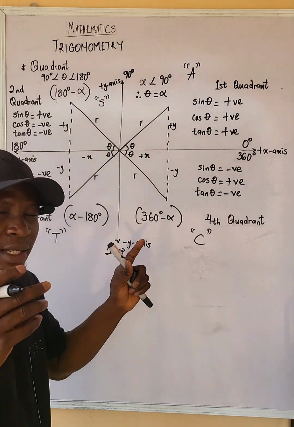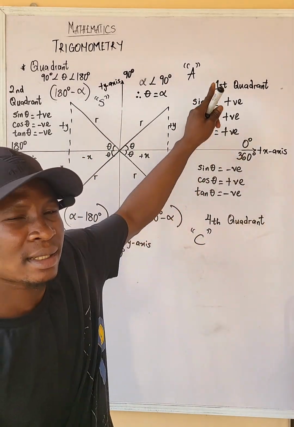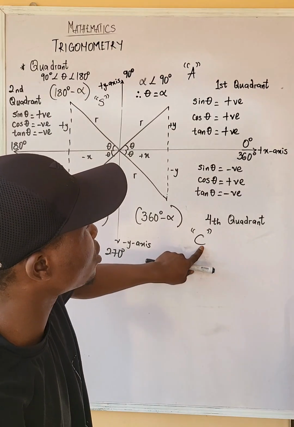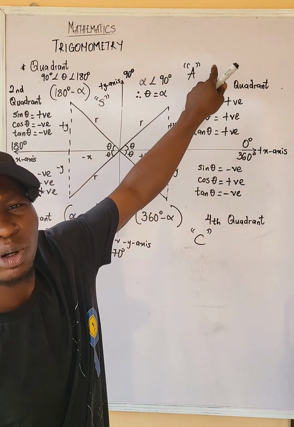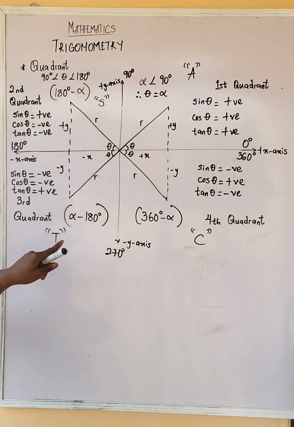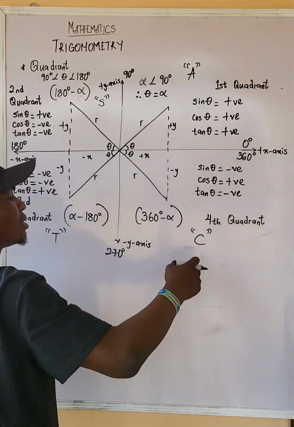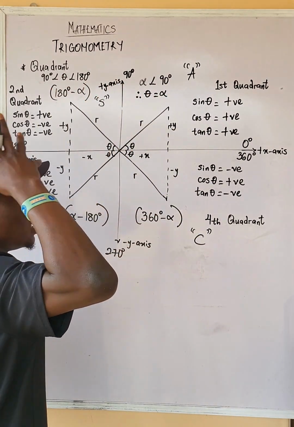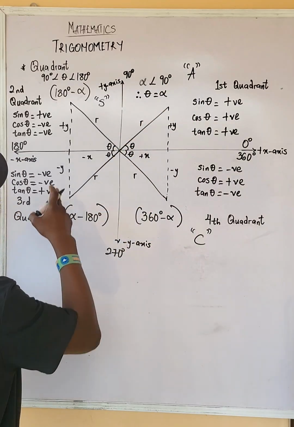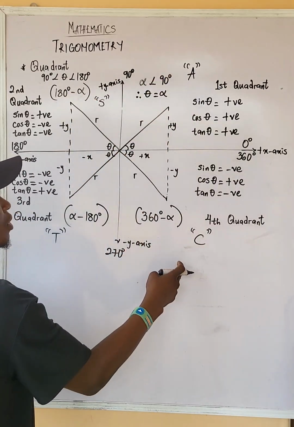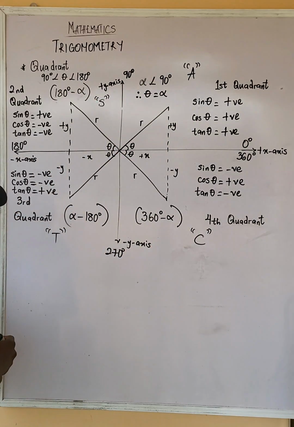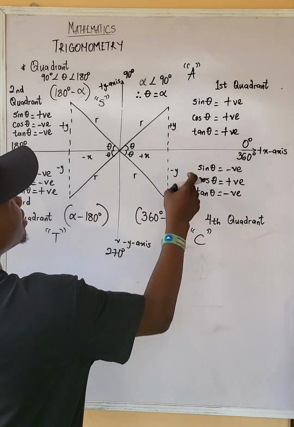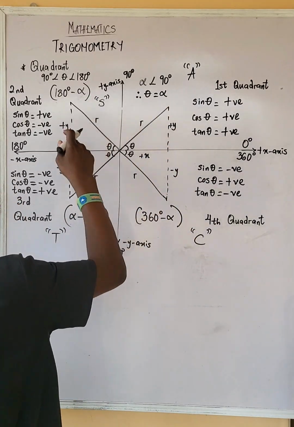Once you put it in your head, from the fourth quadrant, CAST: cos is only positive here, all are positive, sin is positive, tan is positive. Or you know it as ACTS, A-C-T-S: all, cos, tan, sin. Anyhow you just want to know it, just make sure you put this diagram in your head. Or you know it as CAST: cos, all, sin, tan.